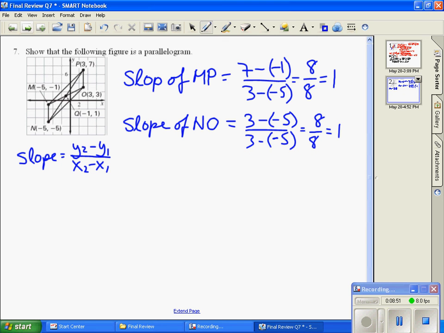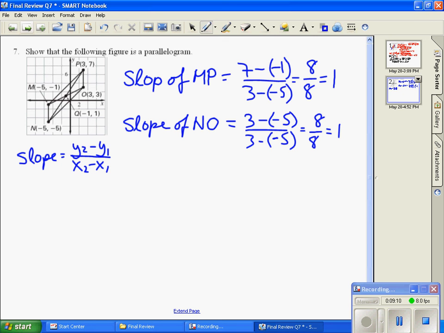Now, in this case, when we look at the other two slopes, we see that they're vertical lines, and that gets a little tricky with slopes because technically a vertical line does not have a slope. The slope is undefined. But because that's the case with both of them, that means the slopes are the same.